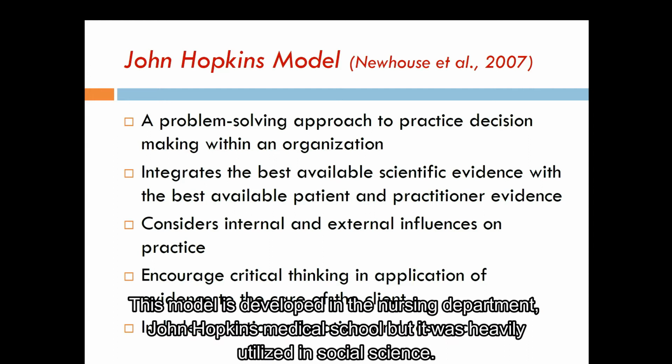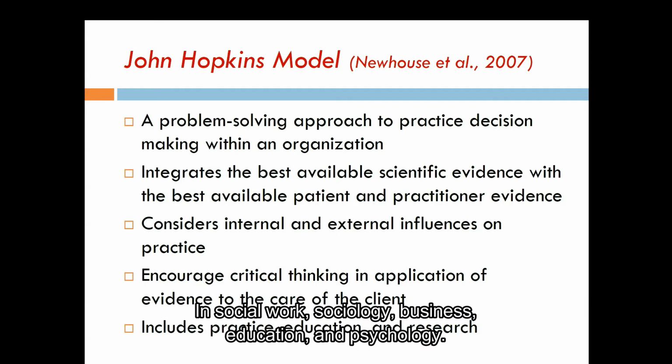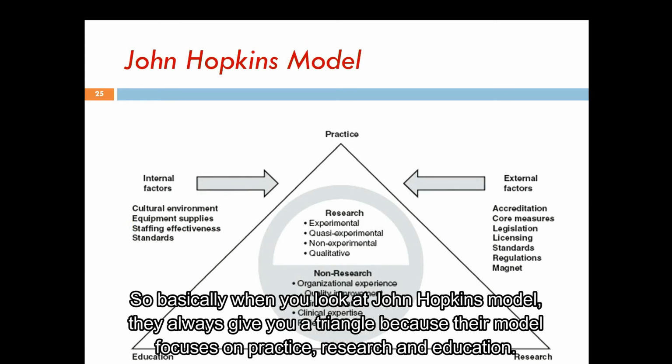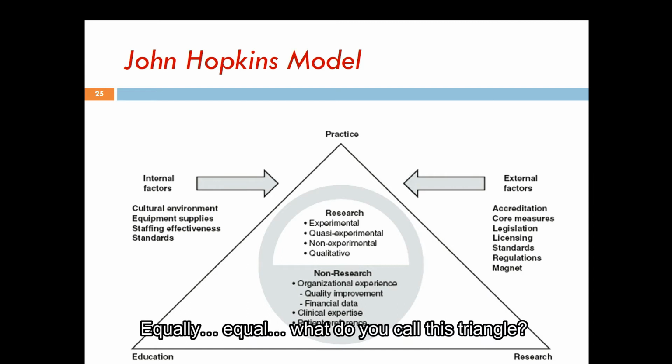This model was developed in the nursing department of Johns Hopkins Medical School, but it was heavily utilized in social science, in social work, sociology, business, education, and psychology. When you look at the Johns Hopkins model, they always give you a triangle, because that model focuses on practice, research, and education.